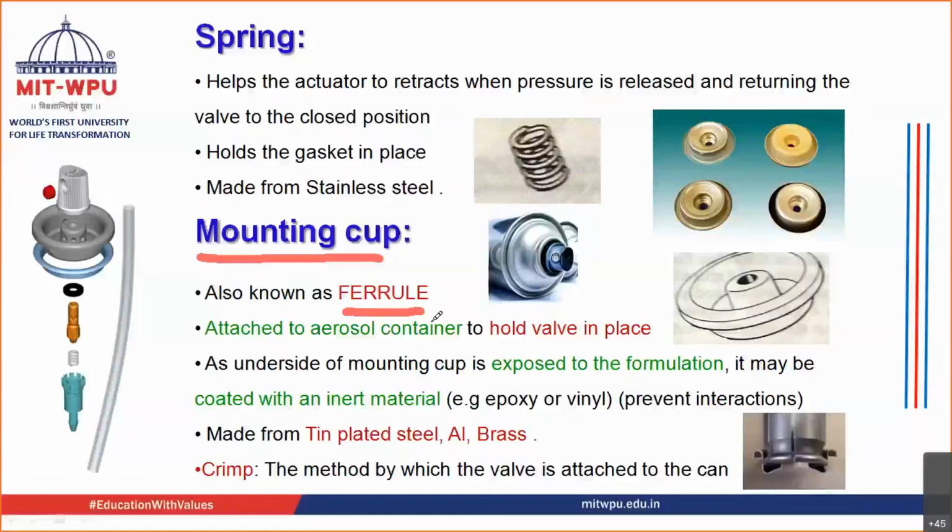And this mounting cup carries the other parts of the valve along with it. The other parts of the valve are attached to the container with the help of this mounting cup, also known as ferrule, as I told you. So it is attached to the aerosol container and it holds the valve in place.